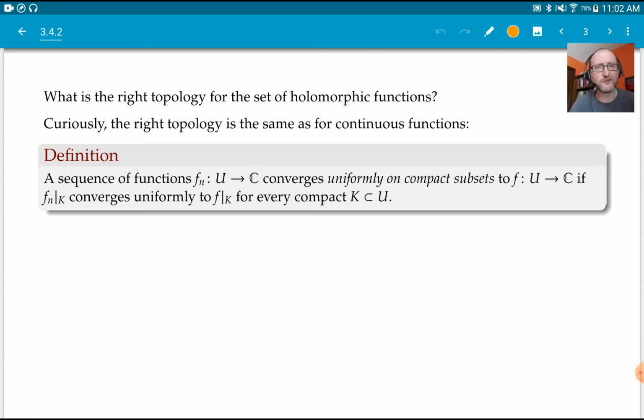If you look at the set of continuous functions on some finite dimensional space, generally the one that you say is the obvious topology is uniform convergence, and really you just need uniform convergence on compact subsets.